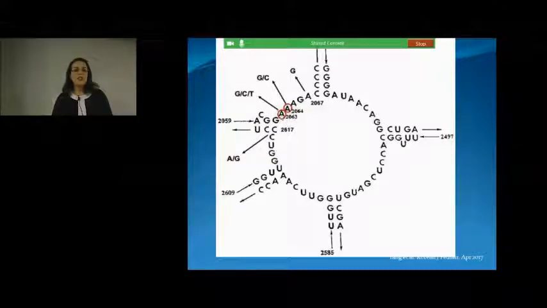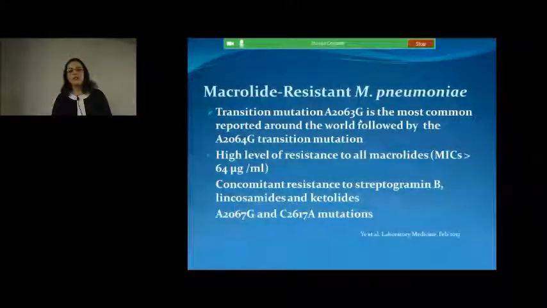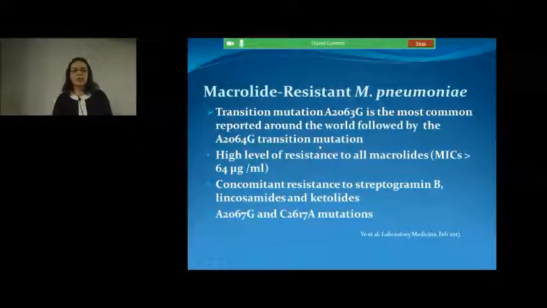So the circled nucleotides are the sites of the mutations, 2063 and 2064, that confer resistance to the macrolides. The mutation A2063G is the most commonly reported around the world, followed by the A2064G transition mutation.